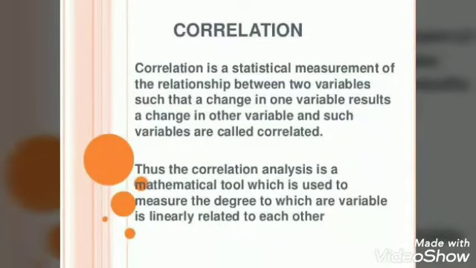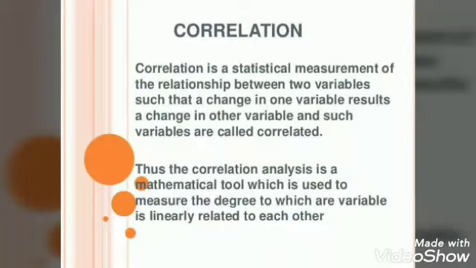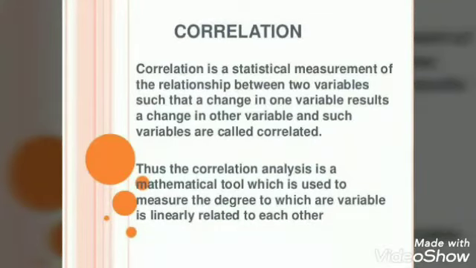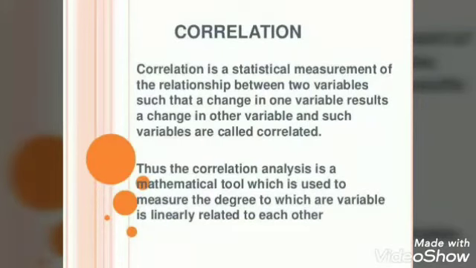That means the focus of study in such a situation is on the degree of relationship between different statistical series, and the statistical technique which studies the degree of such relationship is called the technique of correlation. So you can say correlation is a mathematical tool which is used to measure the degree to which one variable is linearly related to another.